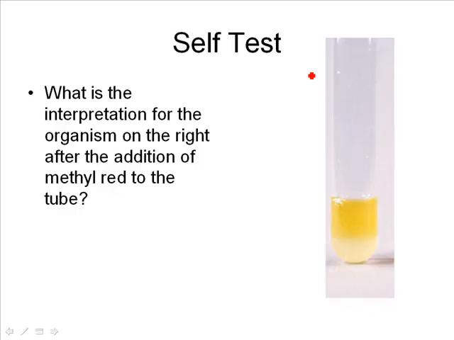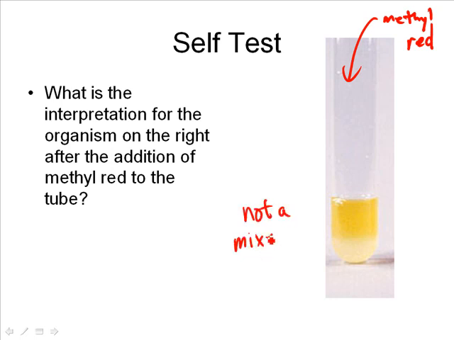Alright, so let's move on now to a self-test. This is exactly the kind of question we would ask on the practical. When you look here at the tube on the right, what is the interpretation after the addition of the pH indicator methyl red? That's right. Clearly this organism is not a mixed acid fermenter.